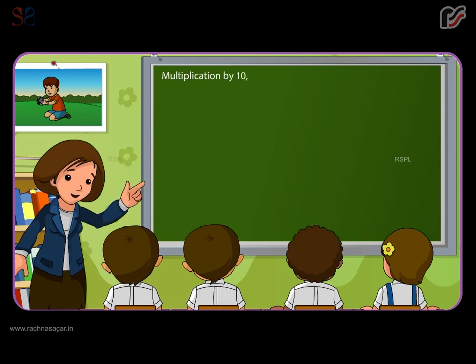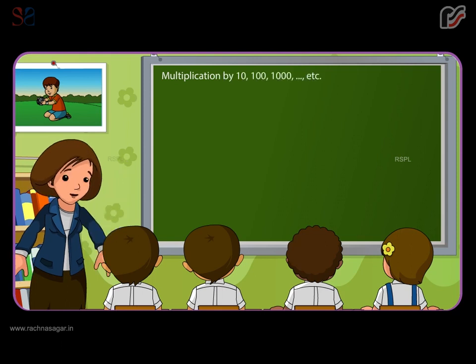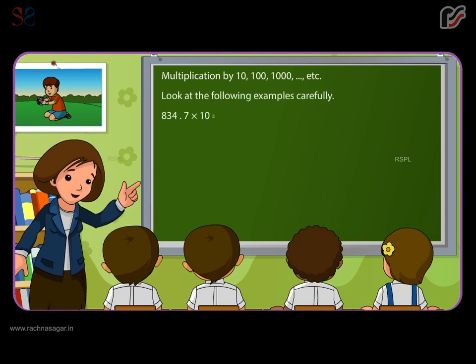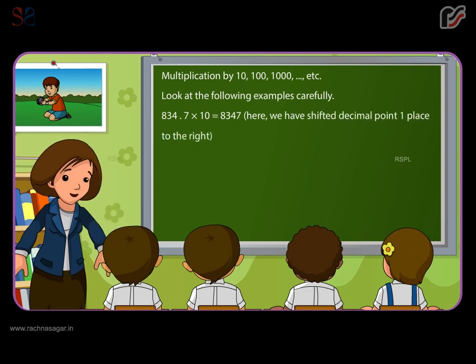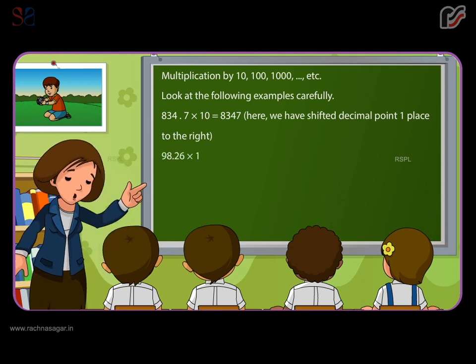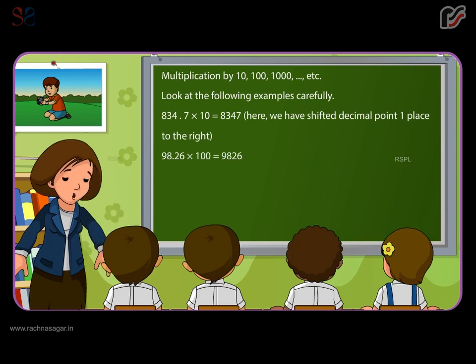Multiplication by 10, 100, 1000, etc. Look at the following examples carefully. 834.7 multiplied by 10 is equal to 8347. Here we have shifted decimal point 1 place to the right. 98.26 multiplied by 100 is equal to 9826.